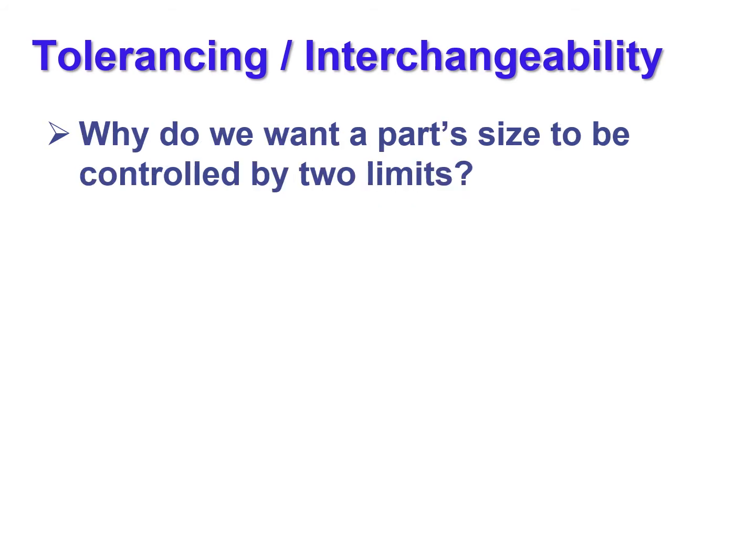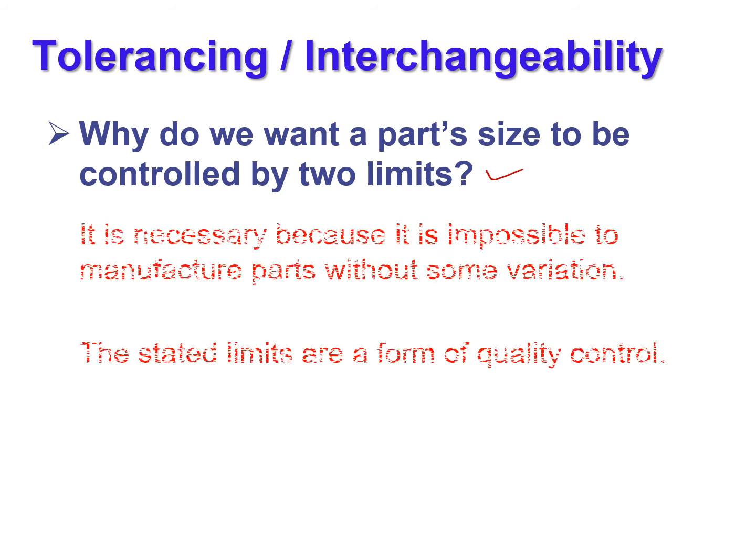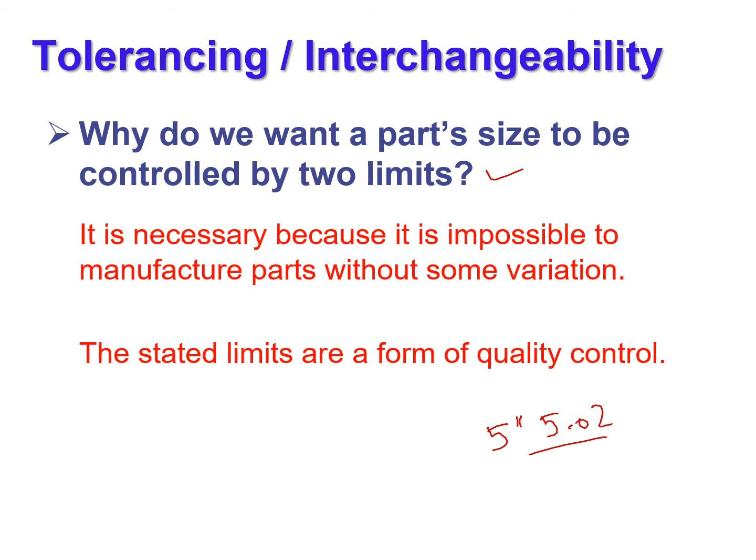Then we have a question: why do we want a part size to be controlled by two limits? Why not just one limit? It is necessary because it is impossible to manufacture parts without some variation, and these limits are a form of quality control. By assigning just one limit, for example, if we say 5 inches and I say that 5.02 is the allowed limit on this dimension, it still becomes a little bit difficult.